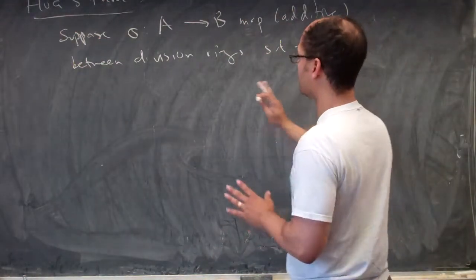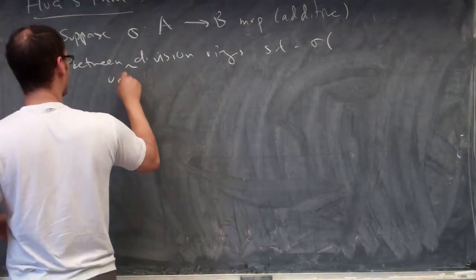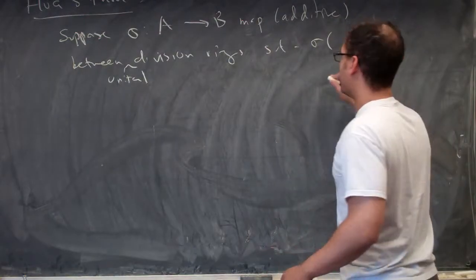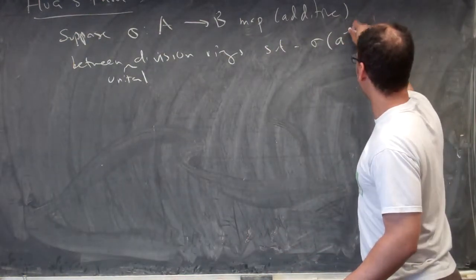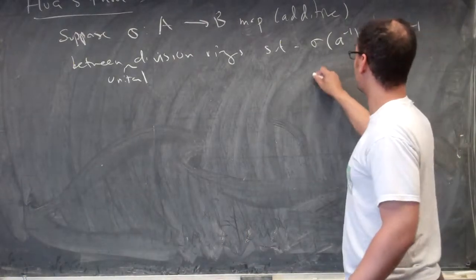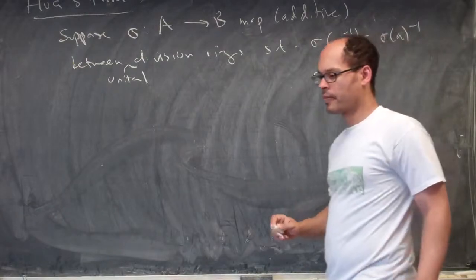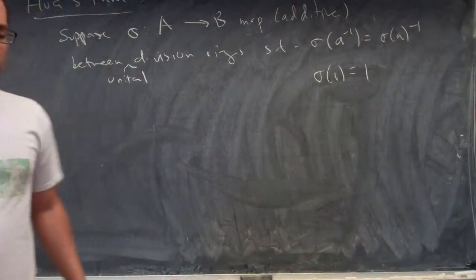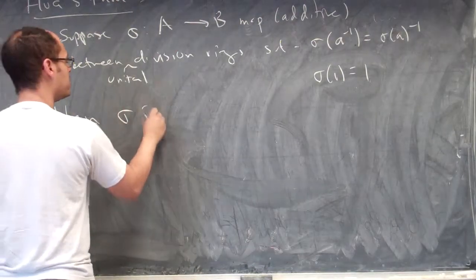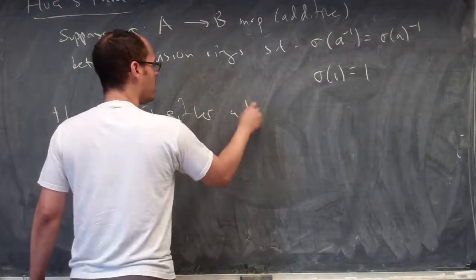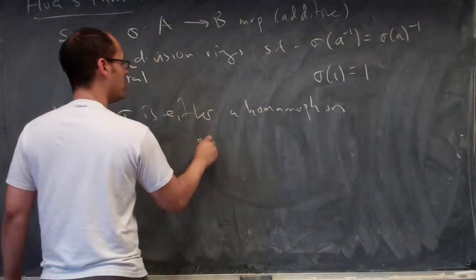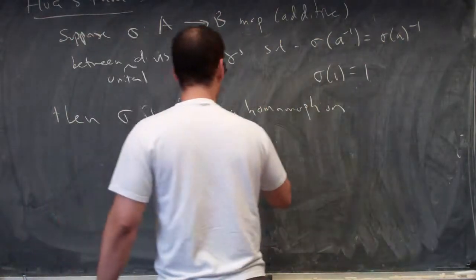So these are unital division rings. They both have a unit element, such that sigma of A inverse is sigma of A inverse, and sigma of 1 is 1. Then the conclusion is that sigma is either a homomorphism or an anti-homomorphism.